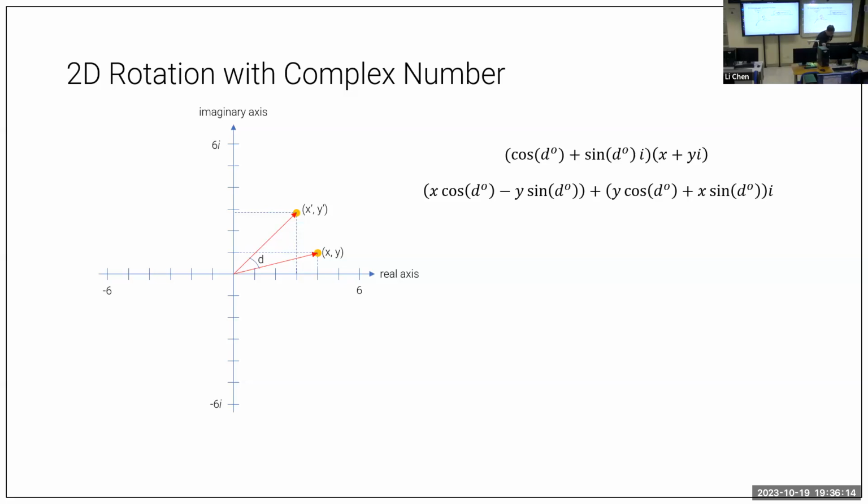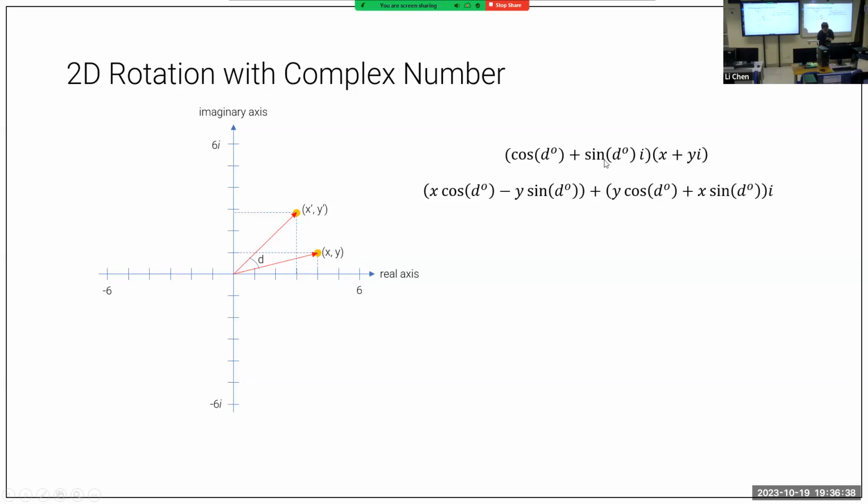The only thing we need to do is follow this formula. As you can see, this point xy is on the real and imaginary plane, so it can be represented as x plus yi.